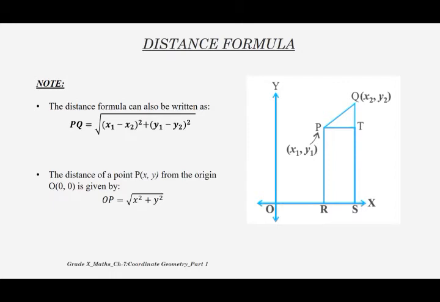And we know that distance can only be positive. Okay, so that will be our first note. The second one, suppose one of the points is the origin, then x1 or x2, any one point is going to be 0. So the distance from the origin is root of x square plus y square.